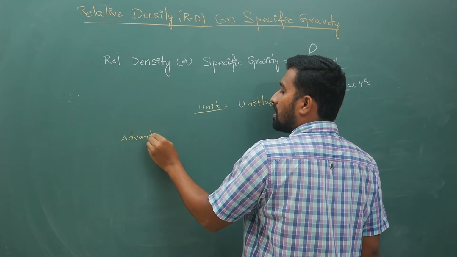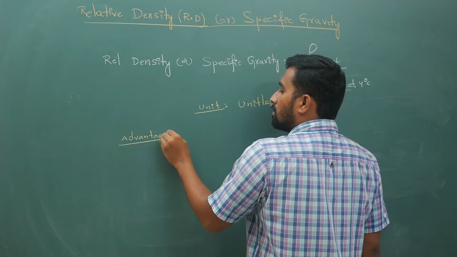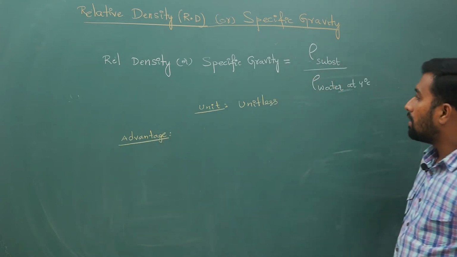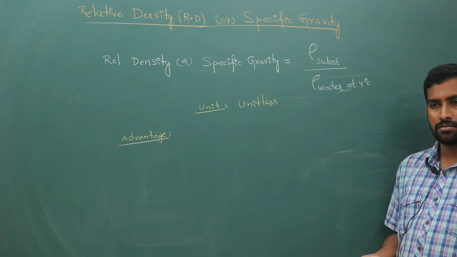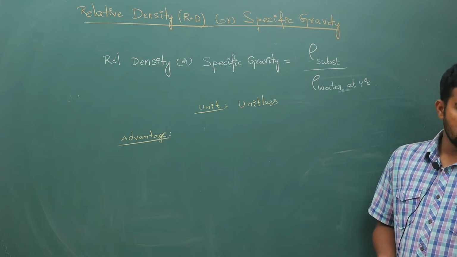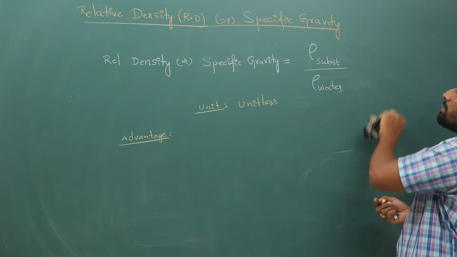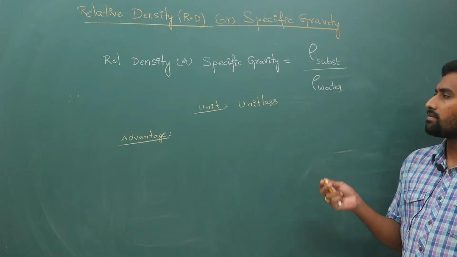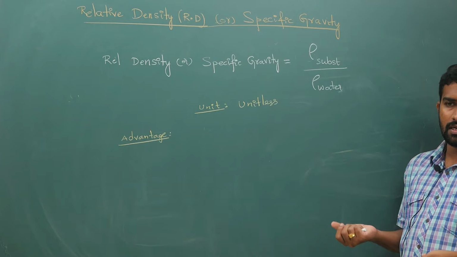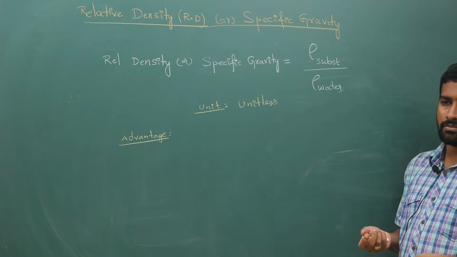Your density of water is 1 gram per cc. Strictly speaking you have to write 4, but we will neglect that. We will take it as 1 gram per cc, that is 1000 kg per meter cube.